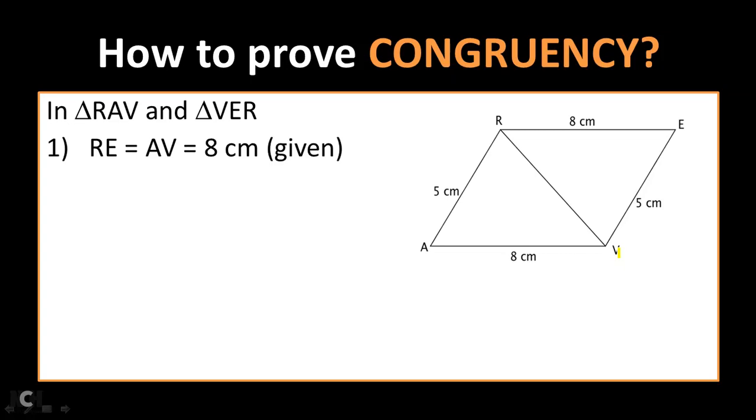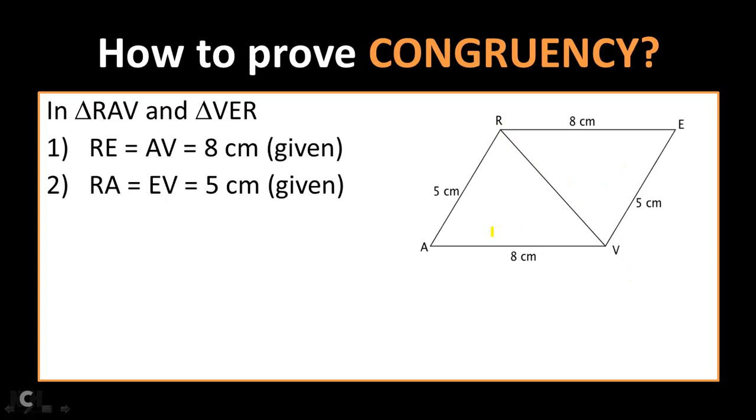Now if we look at it closely again, we have line EV which equals line RA, which is 5 centimeters. So that's another side. Okay, so now we have to prove the last thing. Looking at this, we have side RV which is shared by those two triangles.